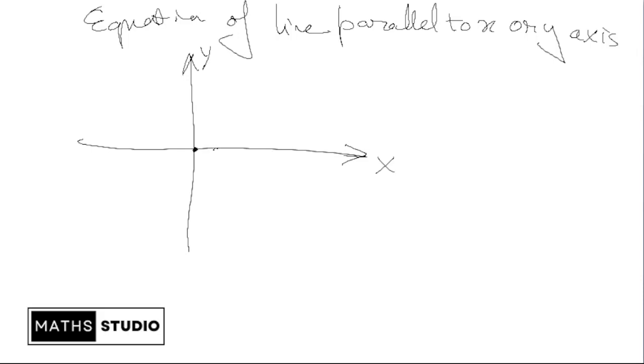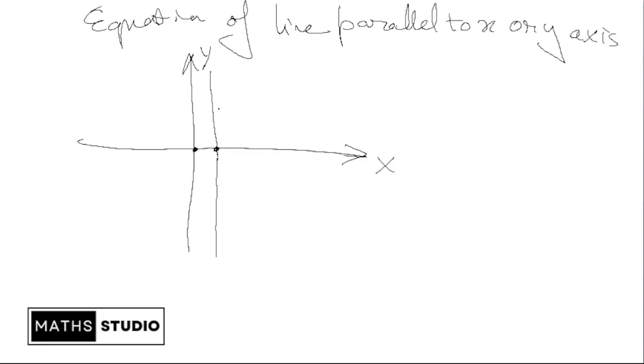Now, suppose the value of x is 1, and in that particular equation, whatever is the value of y, the value of x will always remain 1. So in that case, what will happen? You keep changing the values of y, but x will always remain 1.